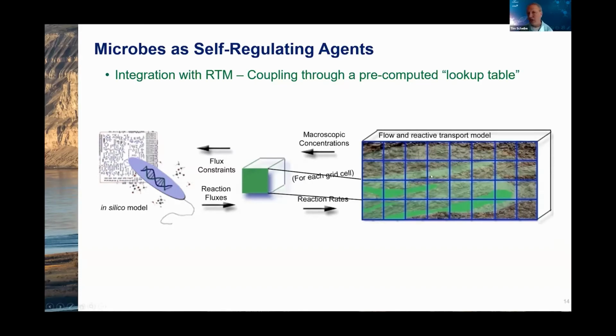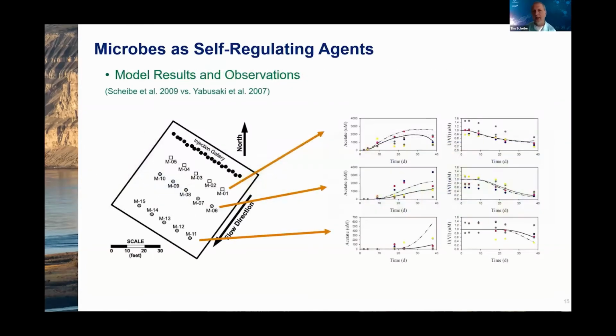And then at each time step in the reactive transport model, we simply looked up a value that was close to the concentrations observed in that grid cell and used those rates from that lookup table. And I think you'll hear Hyun talk a little bit more about some advances of how we might do that better currently.